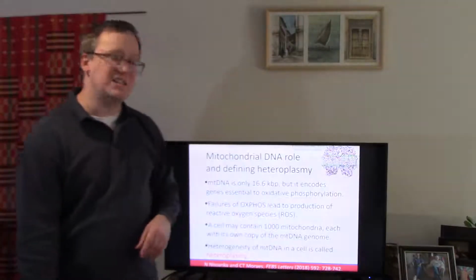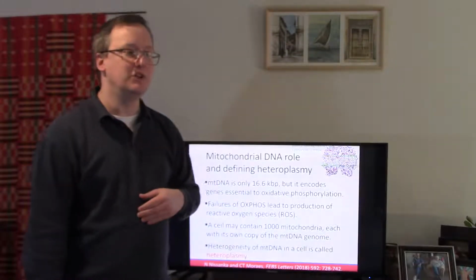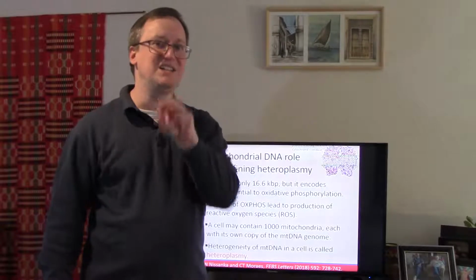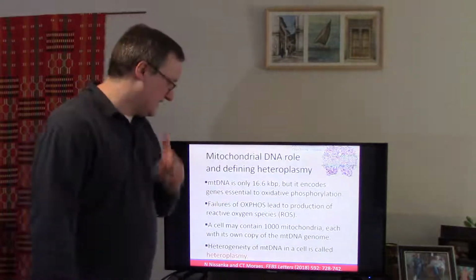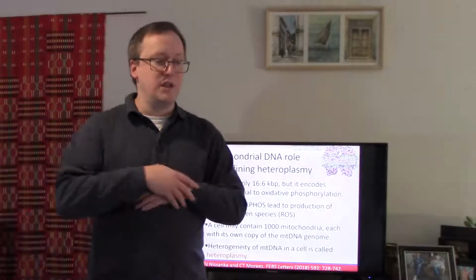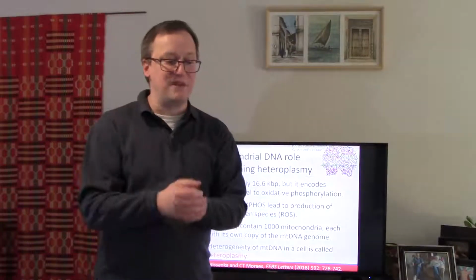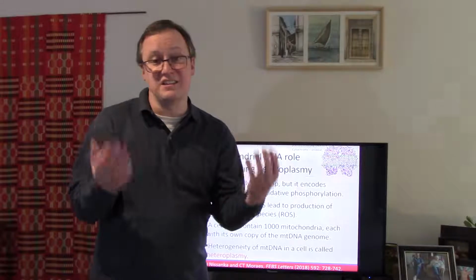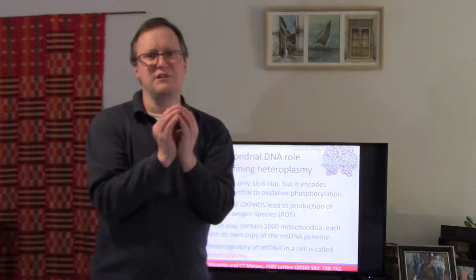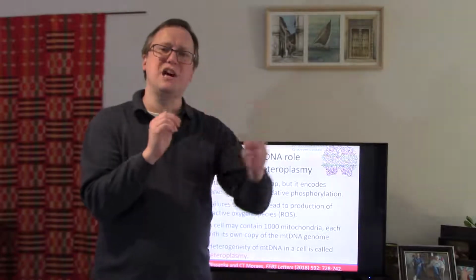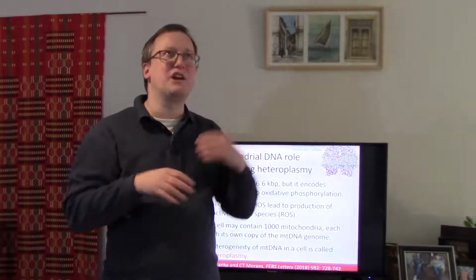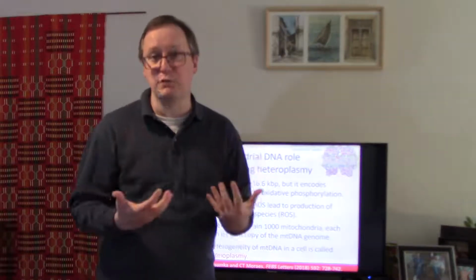So if your cell contains 1,000 mitochondria, you might think you have 1,000 copies of exactly the same mtDNA molecule. This is not, however, true, because frequently we find that, as infants, we have cells that all have pretty much the same mitochondrial DNA. We find that over time, subsets of our cells have an increased fouling of the mitochondrial genome.